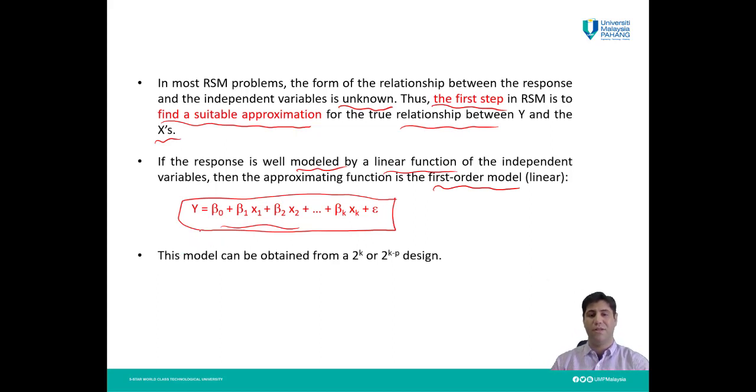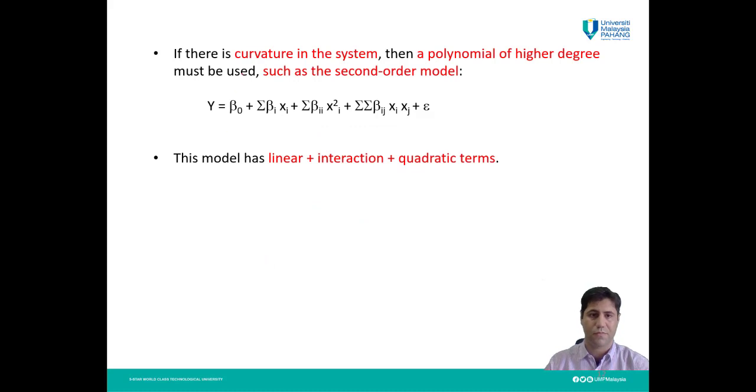It's a regression model, a linear first order model between the factors, x's, and the response. And if you remember, we could find this model by using a 2k or 2k minus p factorial design. We could find this equation by those methods.